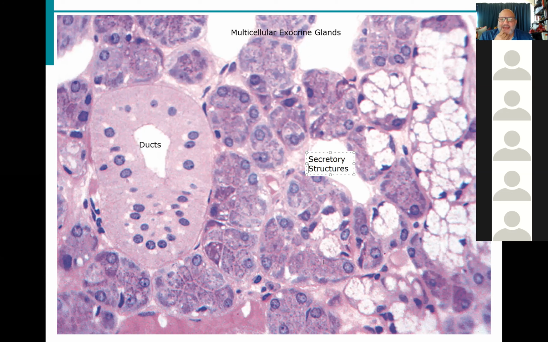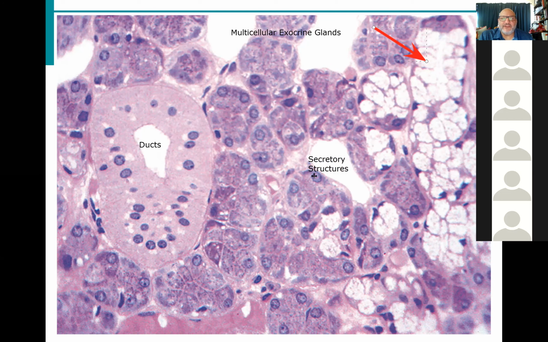Now, as I look at these cells right here, like those cells right there, what do you notice about the color of these cells? They're light. Very clear, very kind of pillowy.